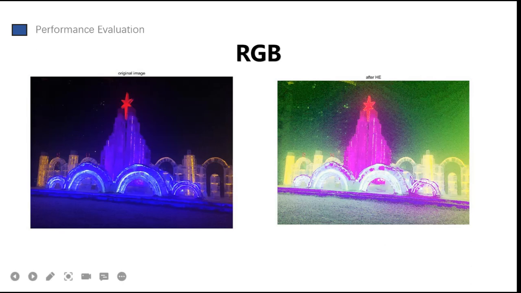For example, overexposure appears in the light area, especially near the blue light. Besides, HE distorts the corresponding color, such as making this blue to purple and here blue to nearly white.